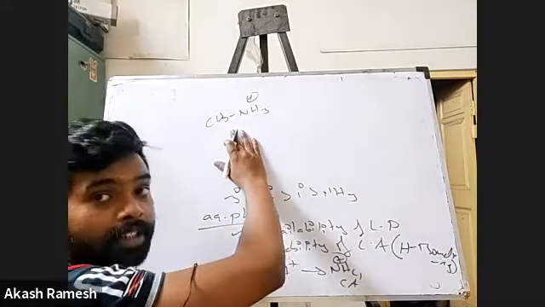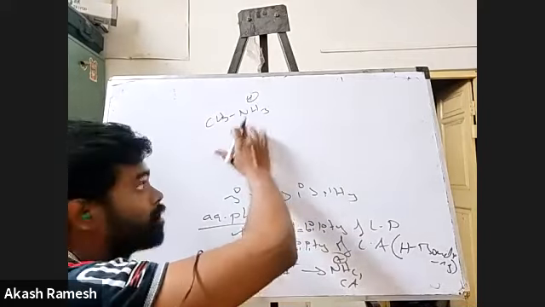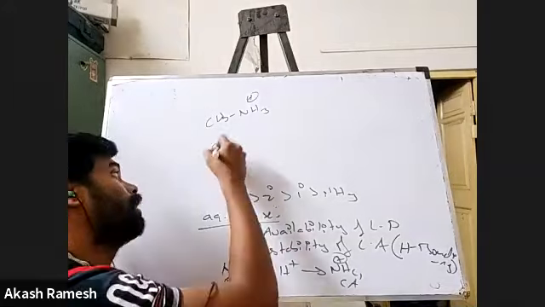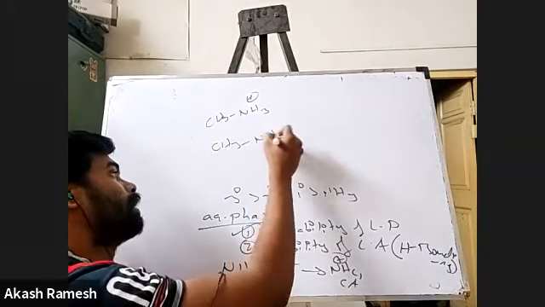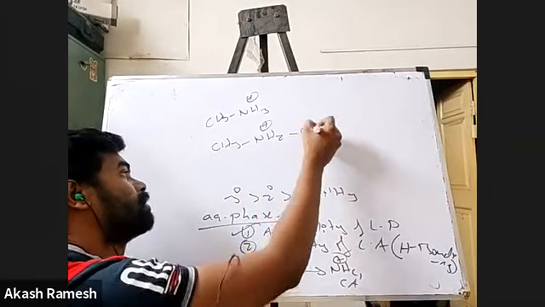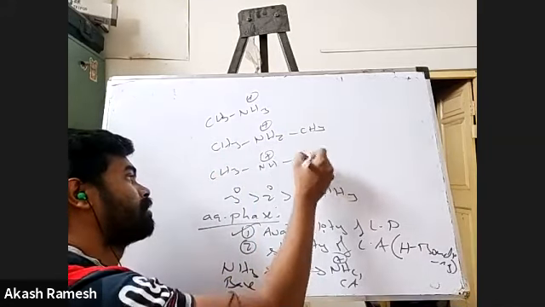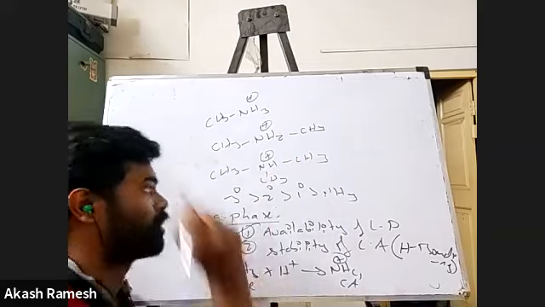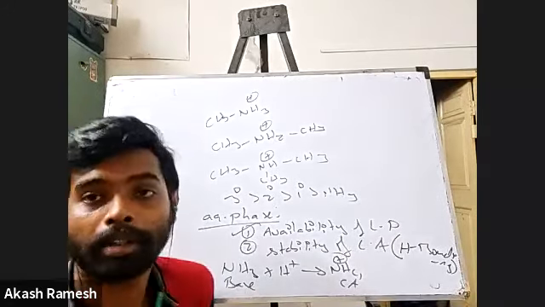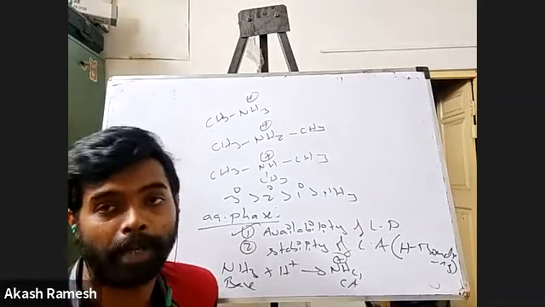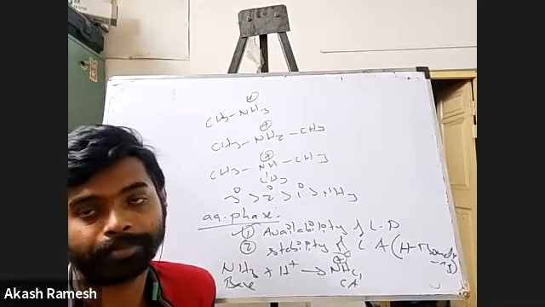It should have been CH3 NH2; after adding H plus, it will become CH3 NH3 plus. Now this NH2 plus CH3 CH3, NH plus CH3 CH3. So these are all the conjugate acids of primary, secondary, and tertiary amines.